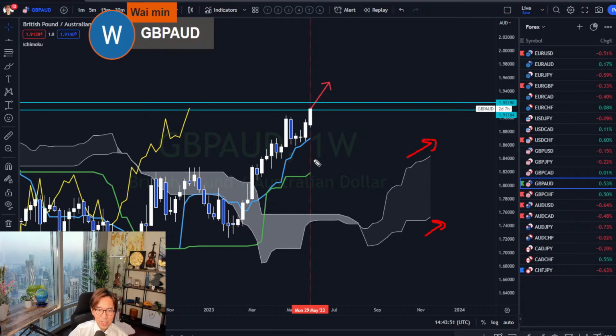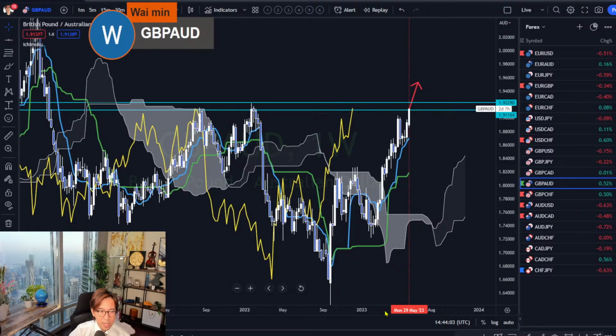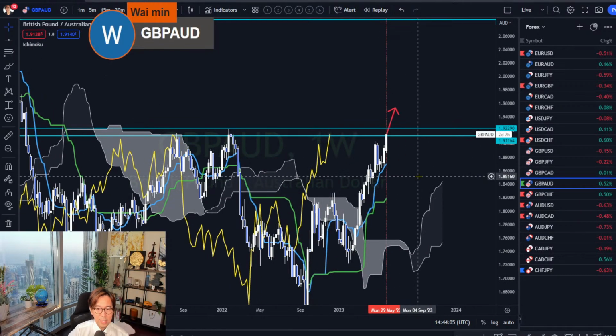And Kijun Sen is also pointing up. And Chikou span above candles. This is very nice. And the initial target is 1.9229. But I think the market will break the swing high and continue to be bullish because of this thickness of the Kumo. I think the uptrend will be continuous.